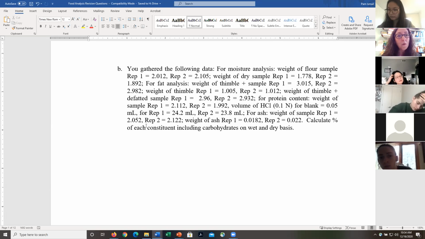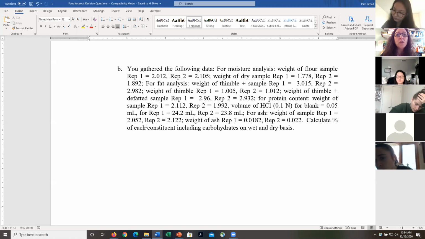I won't give you values or weights of sample or weight of dish or weight of anything. I'll just tell you to make up your values yourself. So you just want to make up numbers that are easy for you to use to calculate. Don't use decimal points, for example. Just pick numbers that are easy.